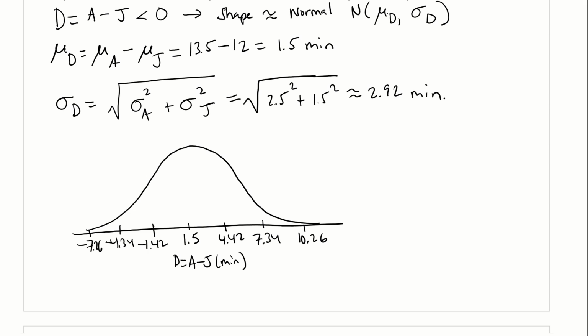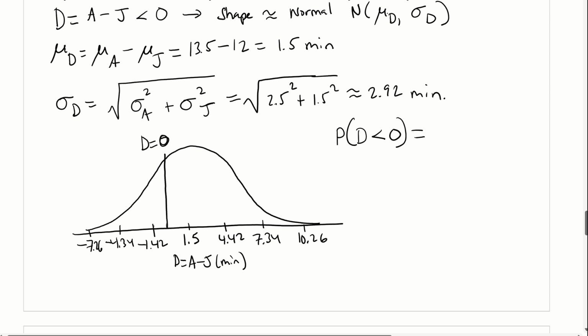All right, so there you go. There's my normal distribution, approximately. And we want to figure out the probability that D, remember we're looking for the probability that D is less than 0. So 0 is my value. So 0 is somewhere around here. And we want it to be less than that, so that's to the left.